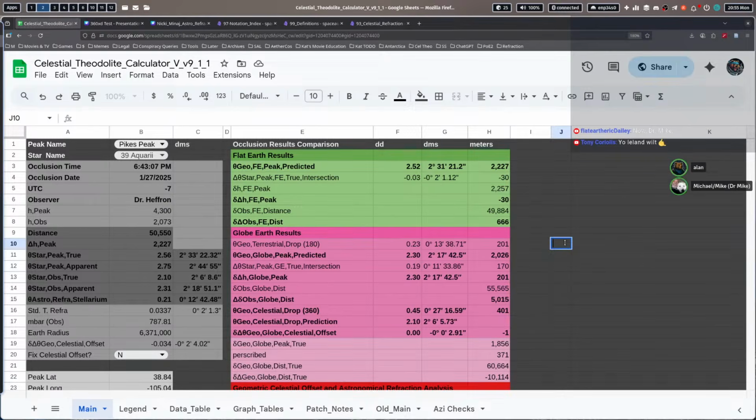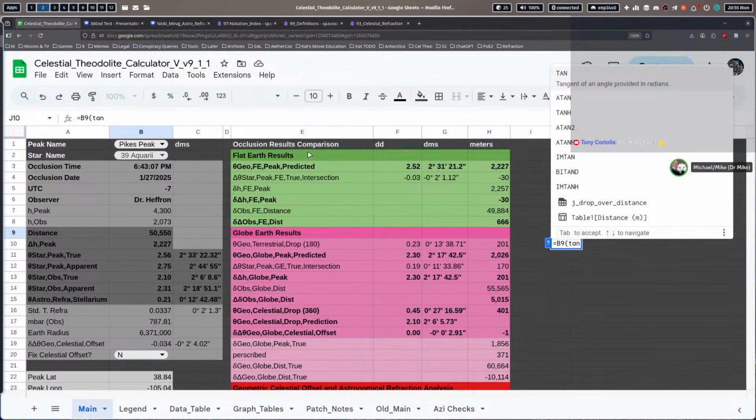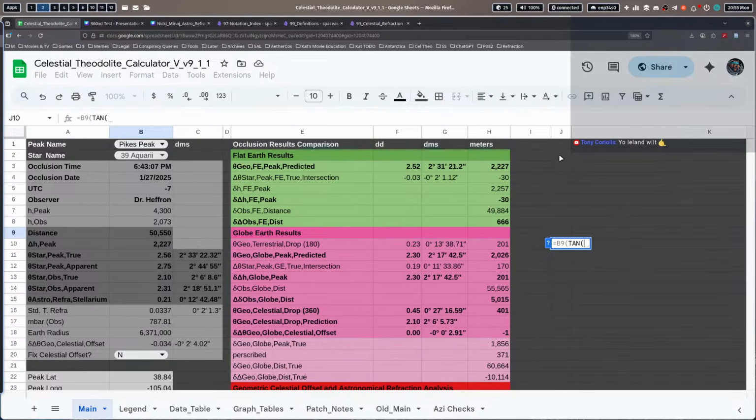Can you show me what formula to add to show that? What cells do I need to hit to get that? It would be the distance times the tangent of, I'm looking for the angle that the globe Earth would observe. B13.